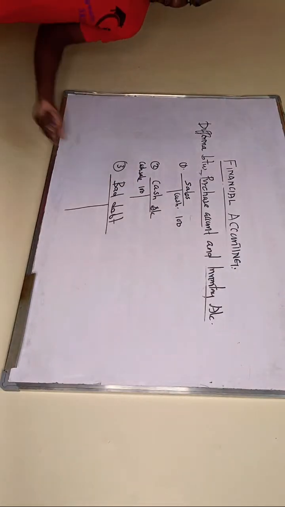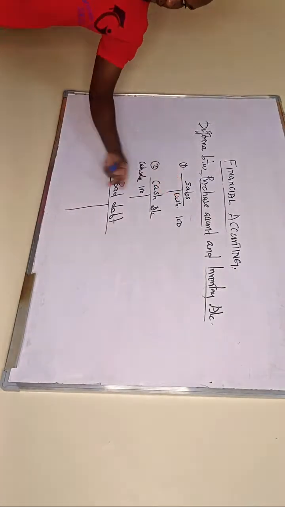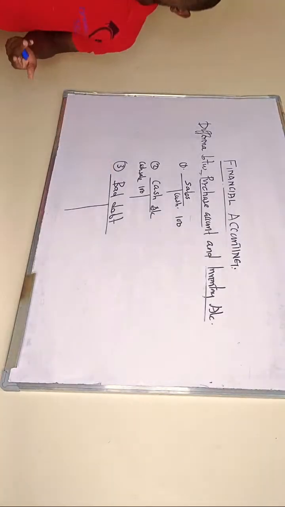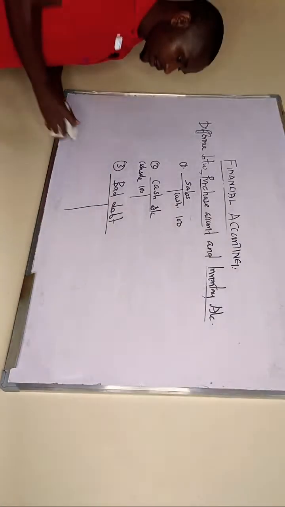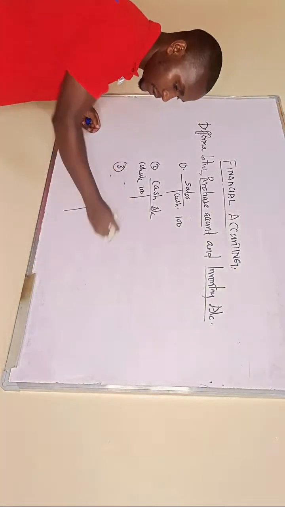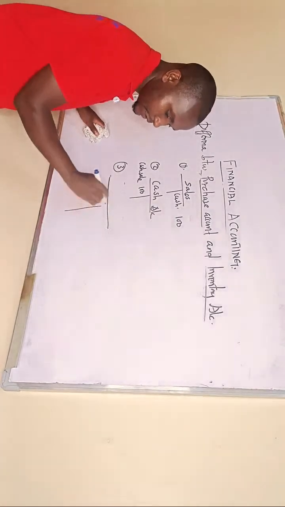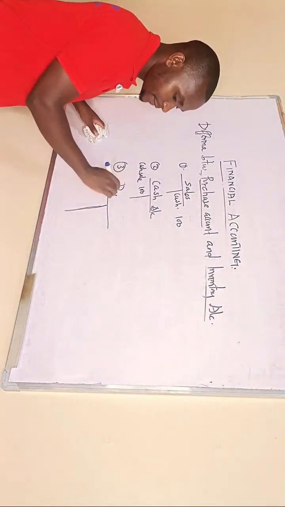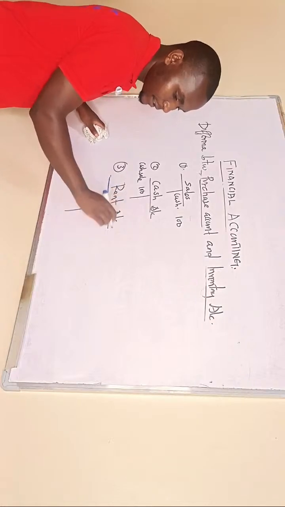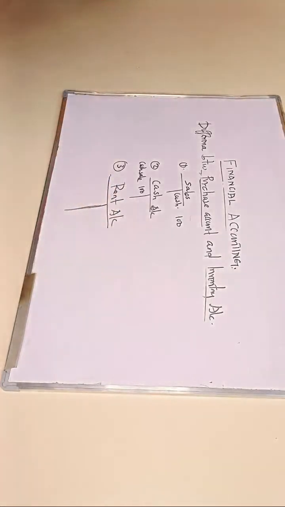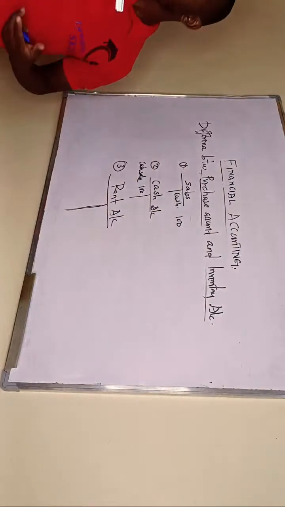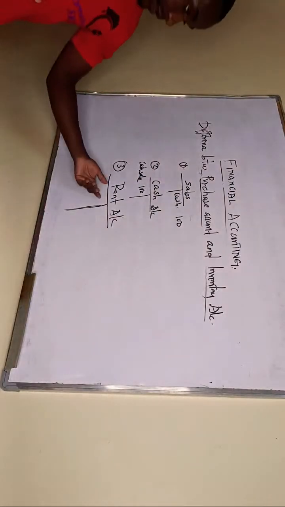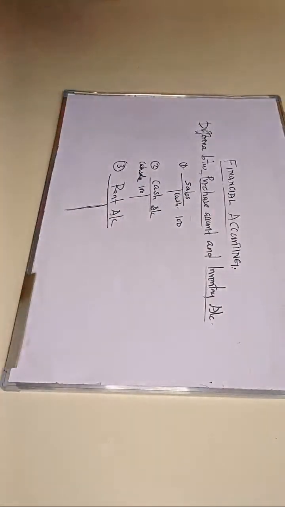And then let's just assume you are paying rent, because bad debt comes if you have credit sales. So let's say we have the rent account. Because when you make sales, you have a physical shop and maybe you are incurring some rent or electricity.